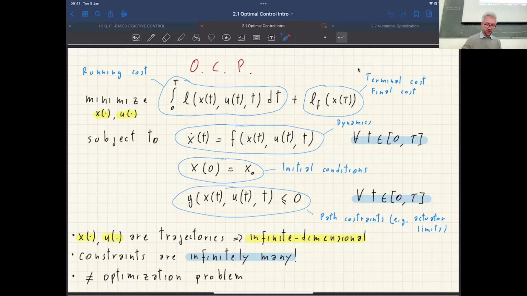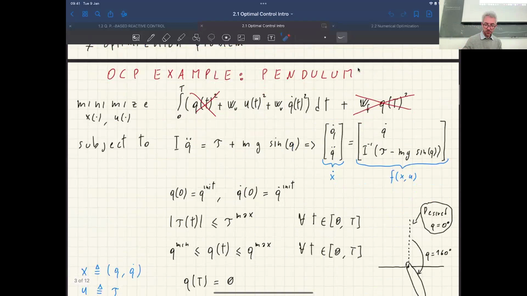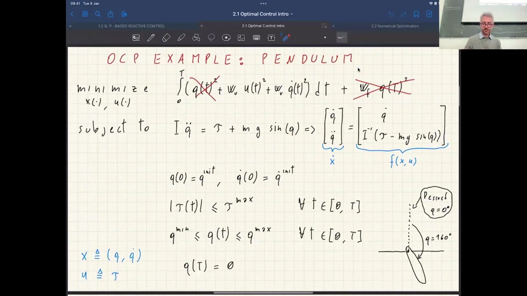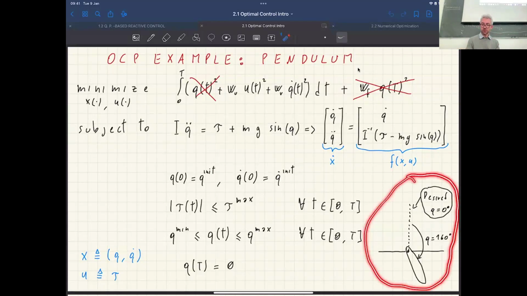But before we do that, let's see a very simple example of what an optimal control problem might look like for a pendulum. So we have this object here, this robot, which is a pendulum. We have just one joint, one rigid body attached to this joint that can rotate about the joint.